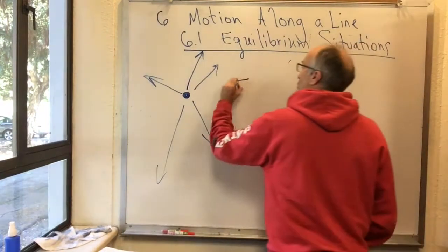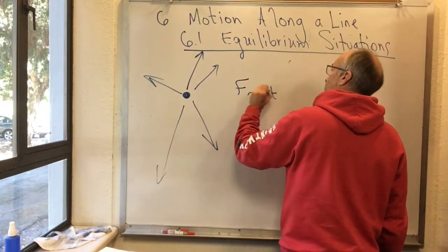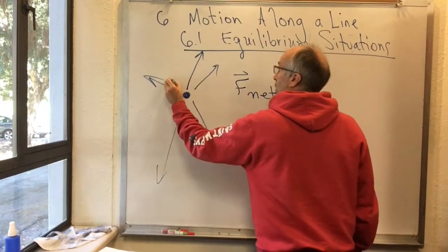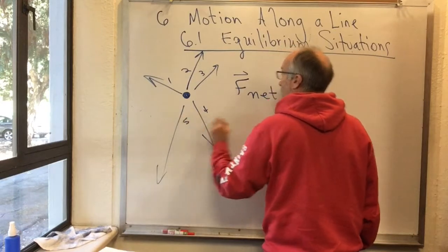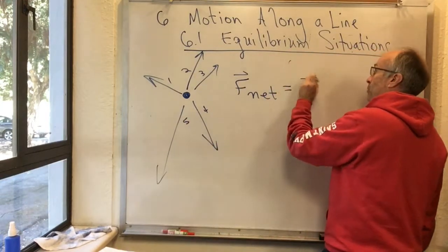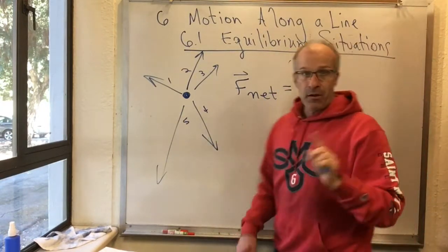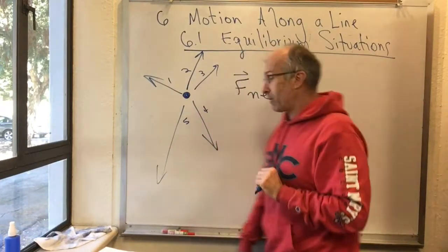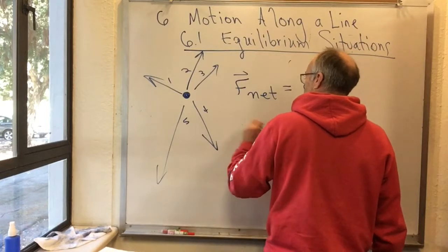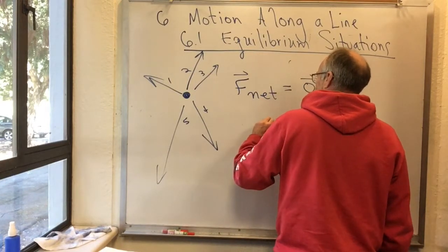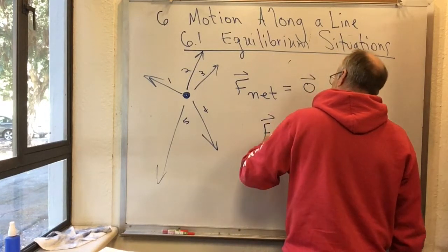And maybe I've managed to draw things so that F net, the sum of force 1, force 2, force 3, force 4, and force 5, adds up to 0. If you have that situation, then the right-hand side of F equals MA is 0, too.